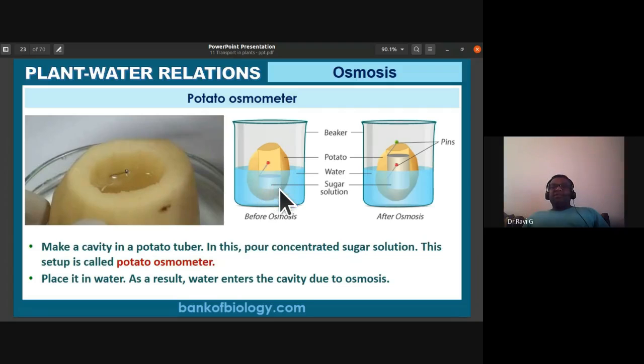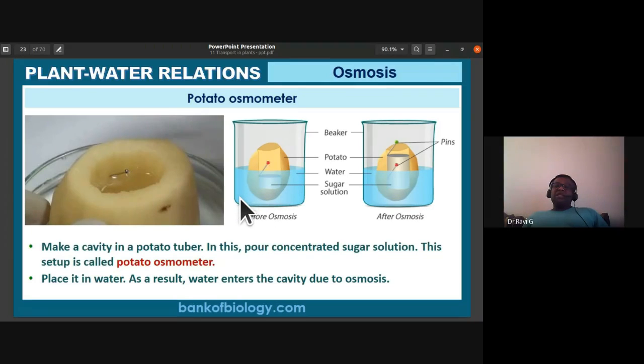After 1 or 2 hours, you can notice that there is an increase in the level of water. So the final level that you have noticed, you mark with another dot pin. That is what you notice before osmosis and after osmosis.